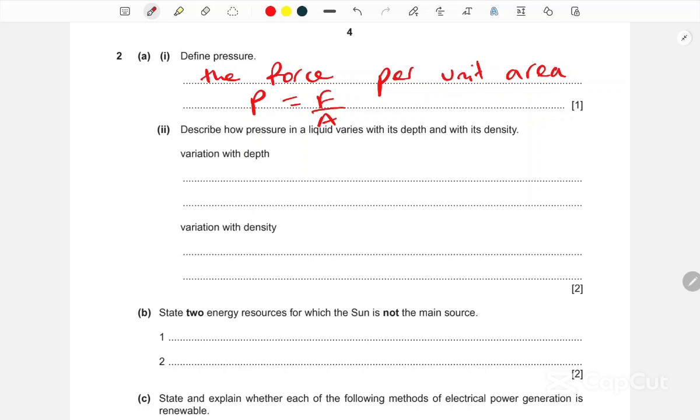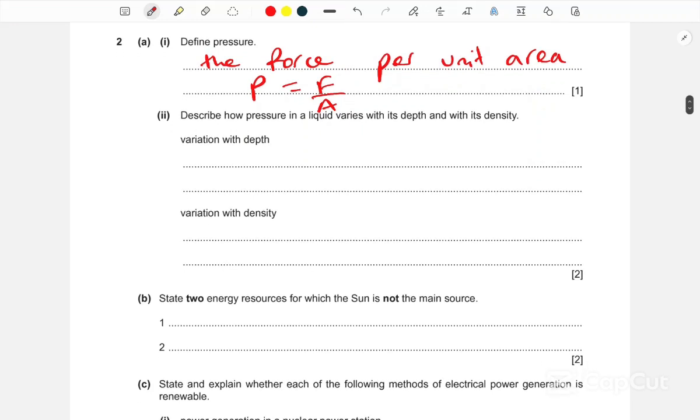Describe how the pressure in a liquid varies with its depth and with density. So first, let's look at the formula of pressure in a liquid. So pressure in a liquid is density times gravity times height. So with depth, as the depth increases, the pressure also increases because it's just multiplication.